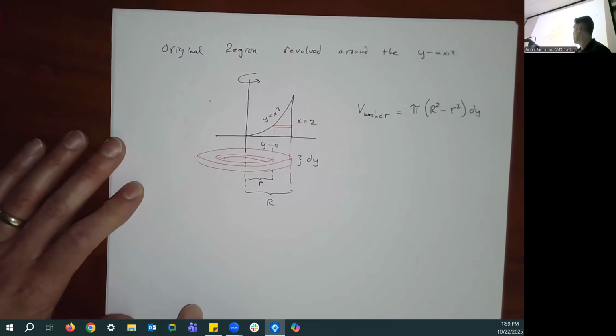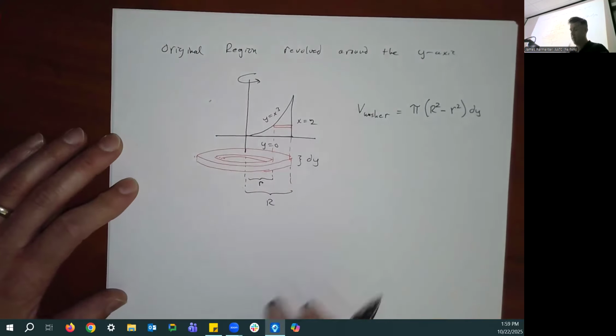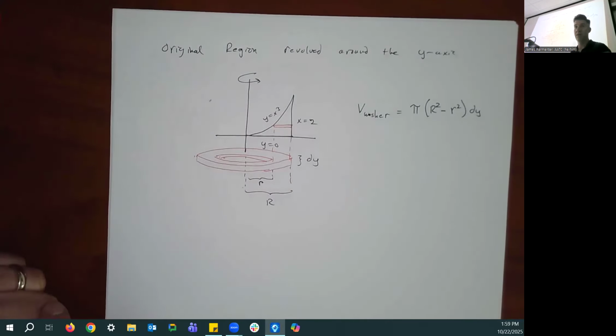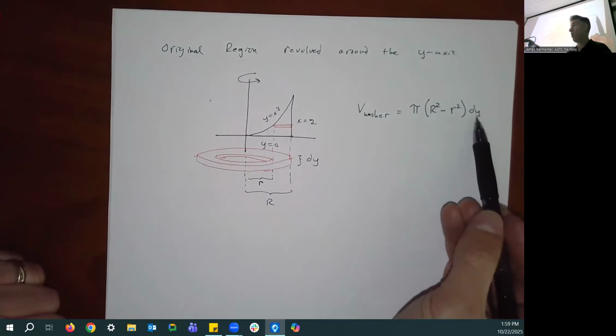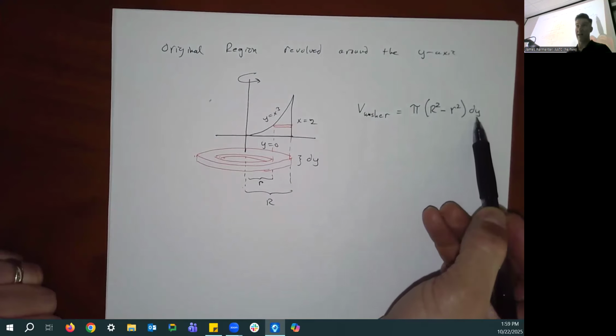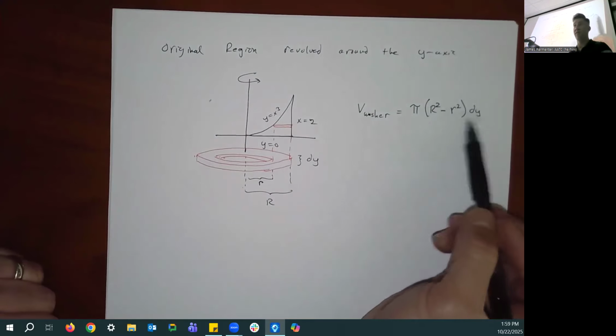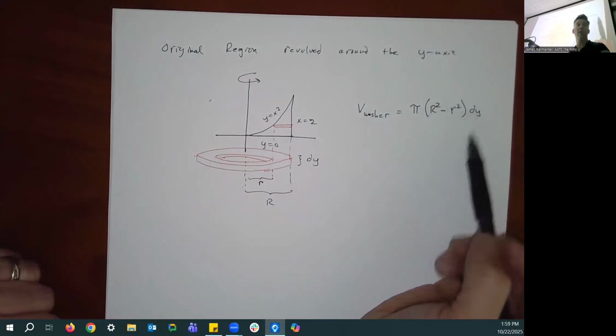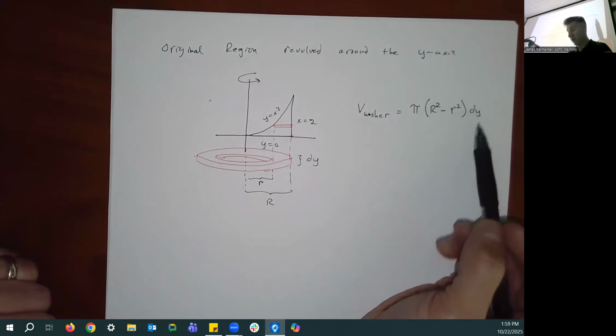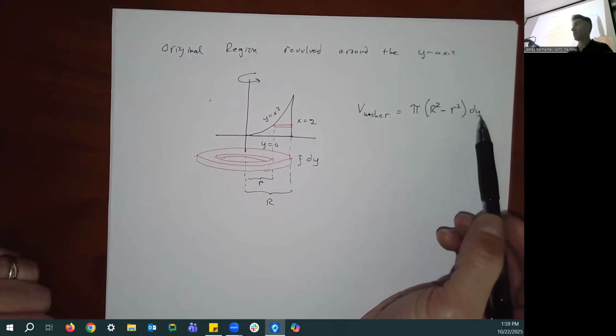So here's the problem. When we add up all the volumes of these washers, we're going to have an integral, and the variable is going to have to be y because we've got a dy, not a dx. The differential tells you what variable you're integrating with respect to. If you've got a dy, you have to have your functions written as functions of y, not functions of x.